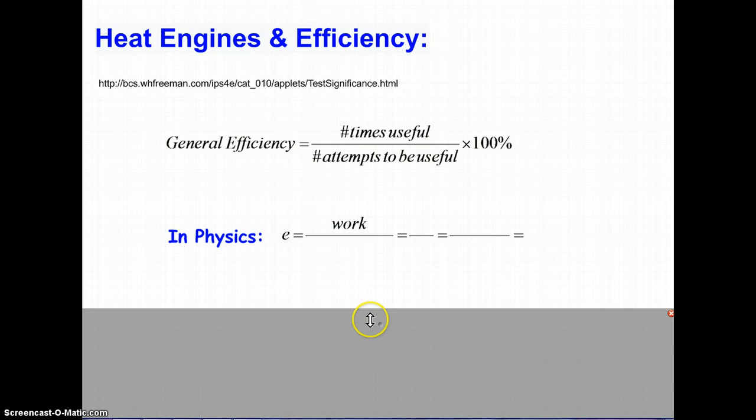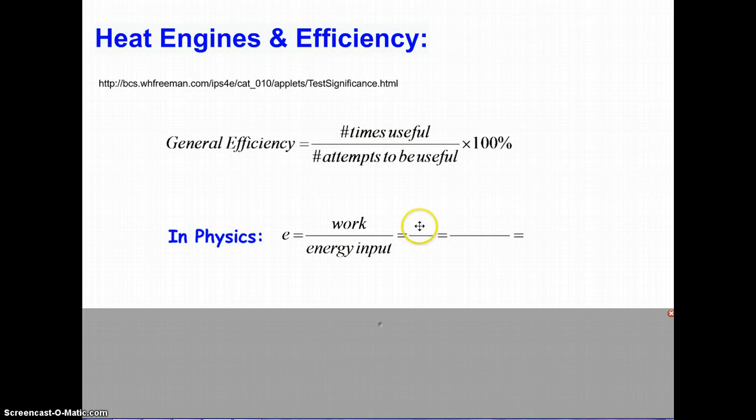Attempted useful energy would be energy input. So efficiency would be work, because that's how much energy was used to be useful, divided by energy input, which is the total amount of energy available to be useful.